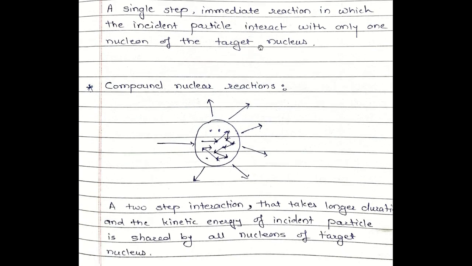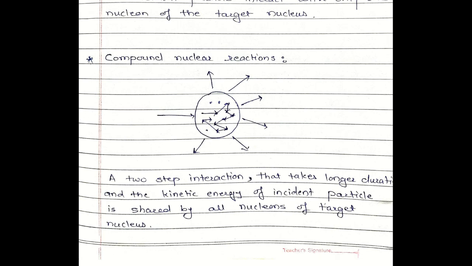Whereas in compound nuclear reaction, this time is of the order of 10 to the power minus 19 second. In some books, they have given it as 10 to the power minus 16 second also. Although 10 to the power minus 19 second is a very small time period, compared to the direct nuclear reaction this time duration is quite longer.